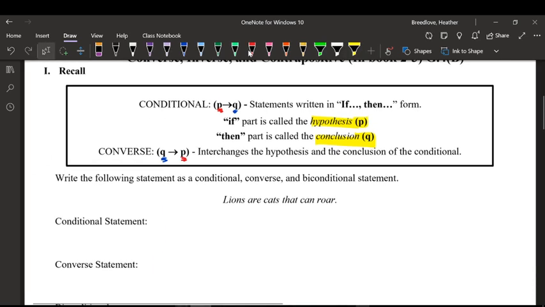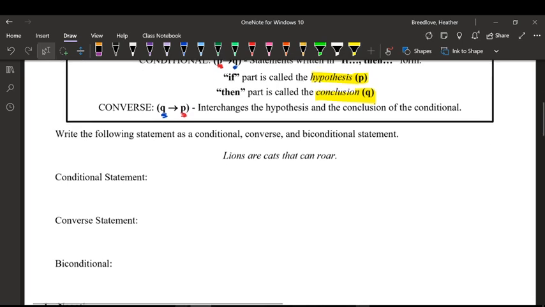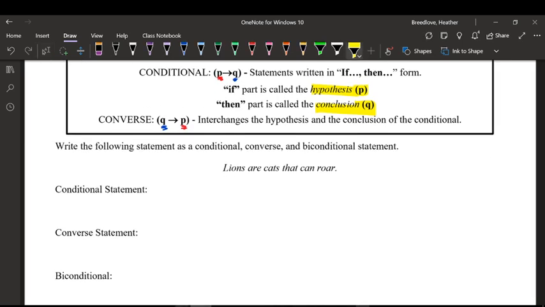So we're starting off with a little bit of a review of what we've done this week. The conditional statement, so I always like to write the order of the letters. P, then Q is a conditional. The converse, Q, then P, and the biconditional is the special one. Biconditional is true both ways. P, then Q.